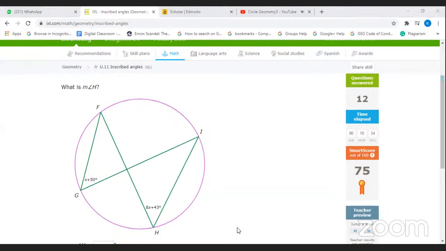They are equal, they are from the same segment. So you equate them. x plus 50 equals 8x plus 43. You can bring this one here and take 43 to the other side. So 50 minus 43 equals 8x minus x. This one will give us 7x, this one will give us 7. Divide both sides by 7. x is equal to 1.